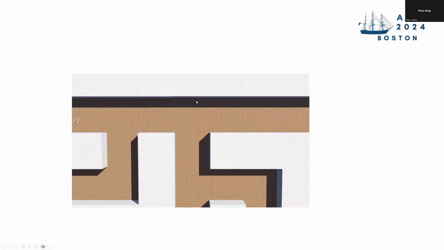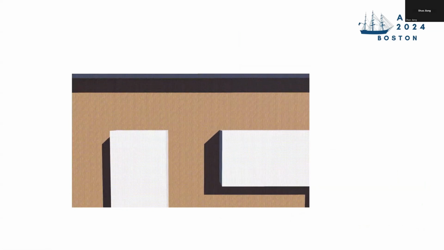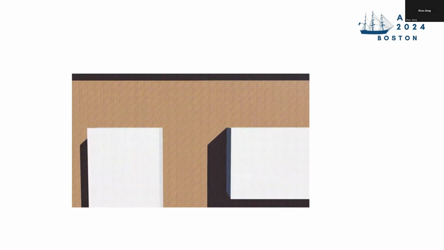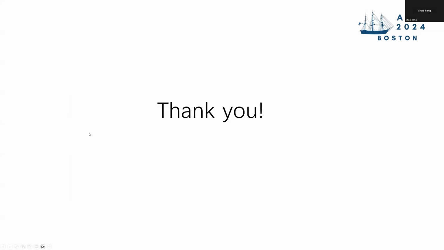By planning a different trajectory, the robot is able to follow that trajectory and navigate to anywhere in this maze. Yeah, that's our solution. Thank you so much.